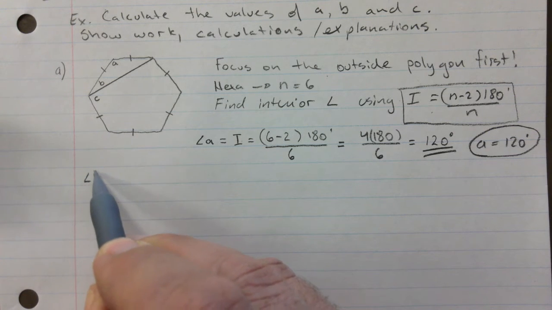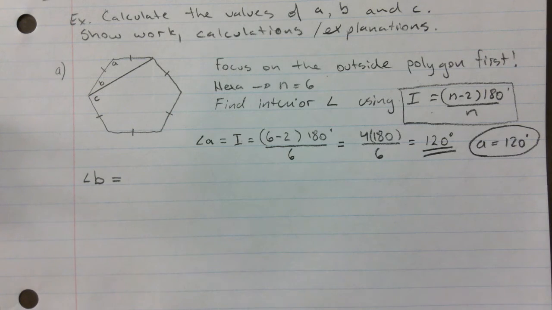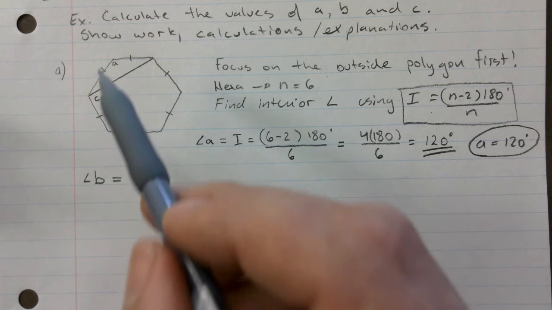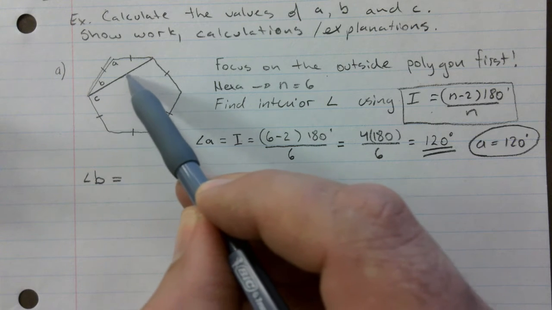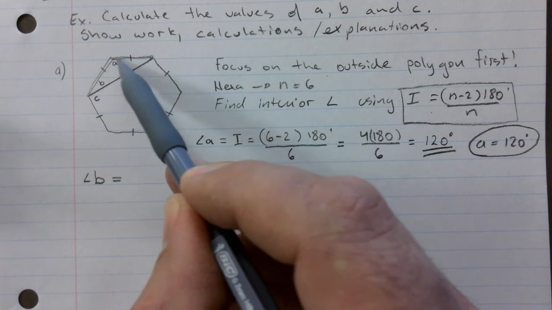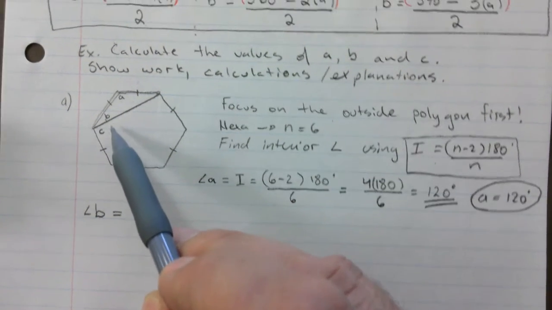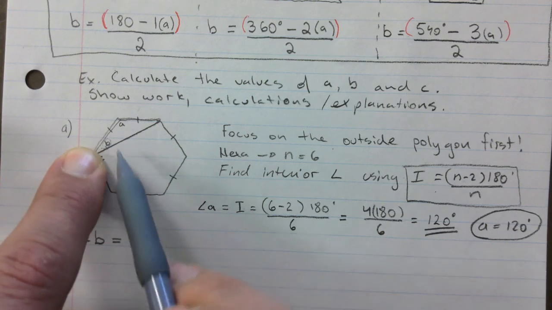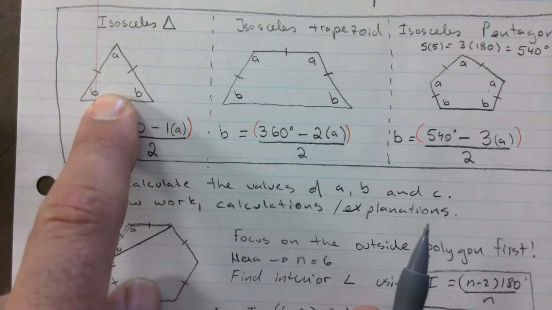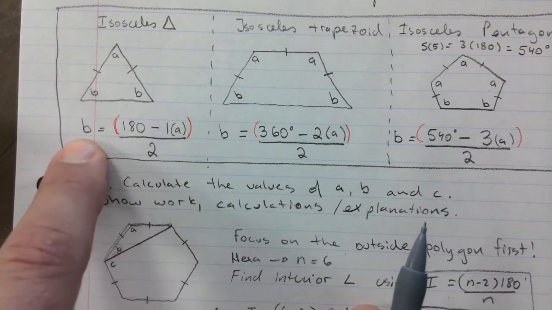To find angle B, what's the shape created by that diagonal? It's an isosceles triangle, right? So to find this angle, let's say on a test this would be x, you still know that it's based on this isosceles triangle, so you're actually trying to find this angle right there, okay?